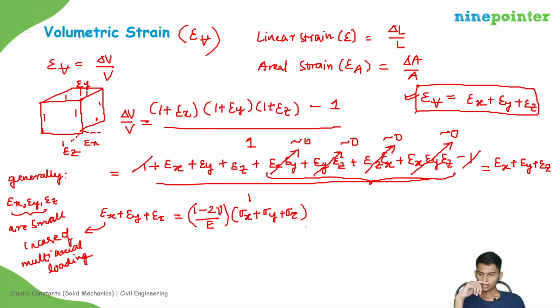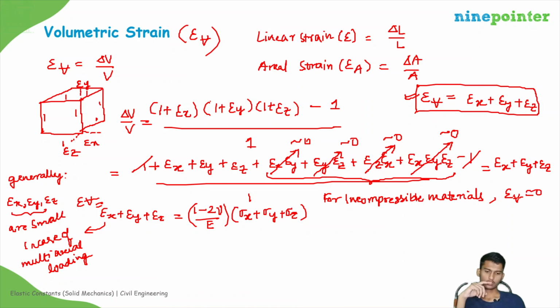So this is equal to epsilon V. For incompressible materials, epsilon V should be equal to 0, right? So (1 minus 2 nu) into (sigma x plus sigma y plus sigma z) divided by E should be 0.